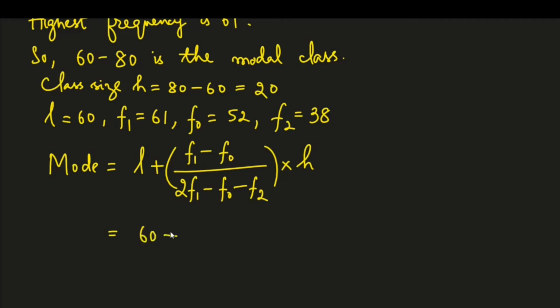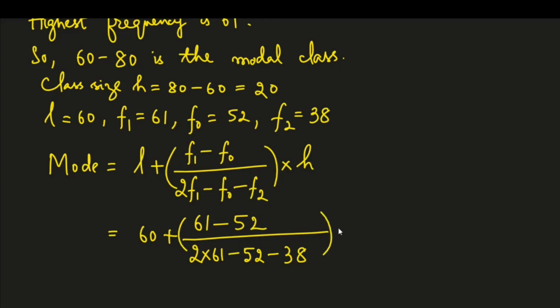So 60 plus F1 is 61, 61 minus F0 is 52, divided by 2 into F1, 2 into 61 minus F0, F0 here is 52, minus F2, F2 here is 38, into H. H value is 20.